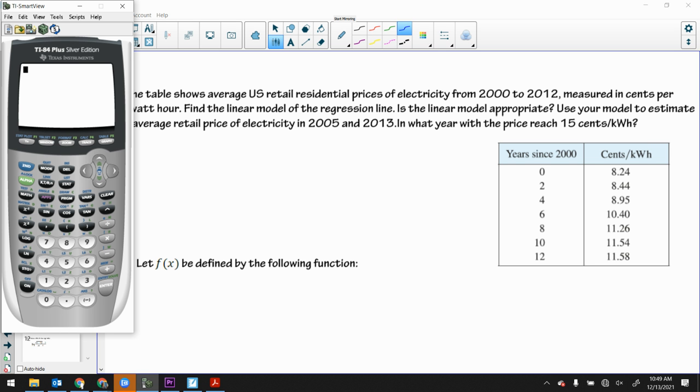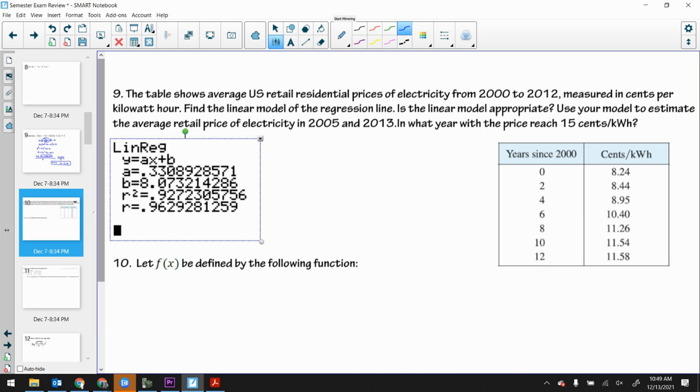All right, now let's use a linear model. Stat calc 4. There it is. There's my linear model. Y is equal to 0.33x plus 8.07.